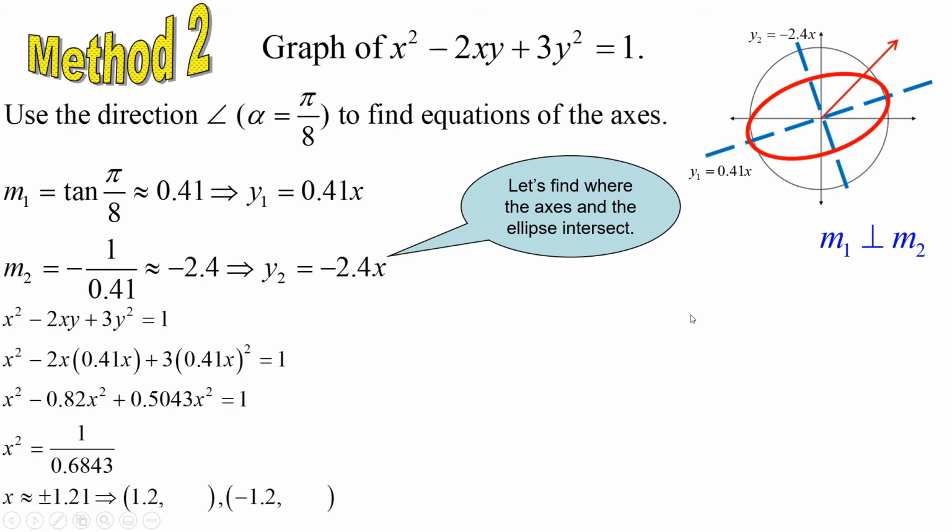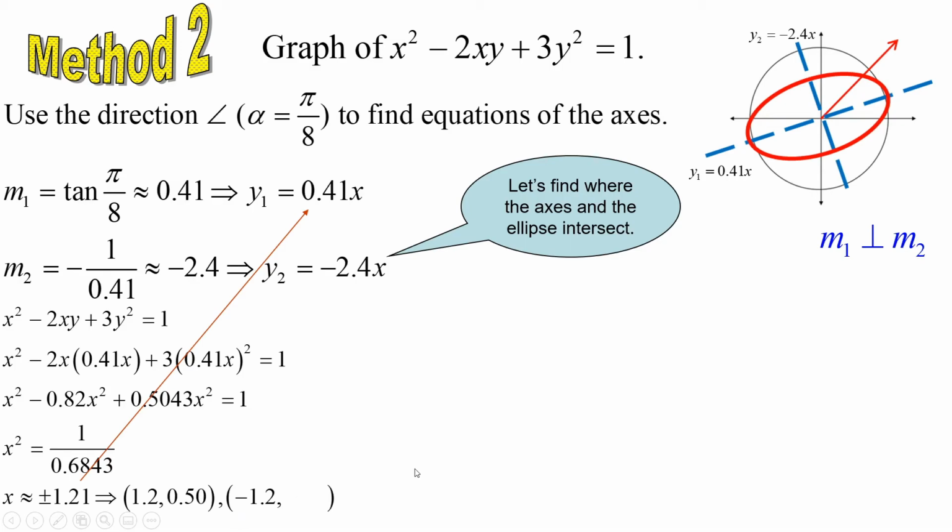So let's find our corresponding y coordinates, and again, to find those, let's just plug these x values into our y sub 1 is 0.41x right there. So let's go 1.2 times 0.41, and I'm getting a 0.492. How about I call that a 0.50? Yeah, that's what I did.